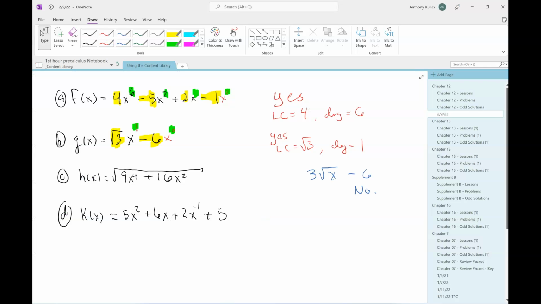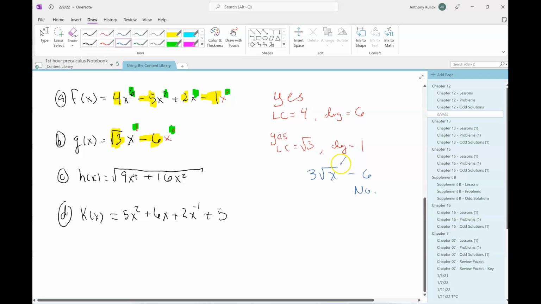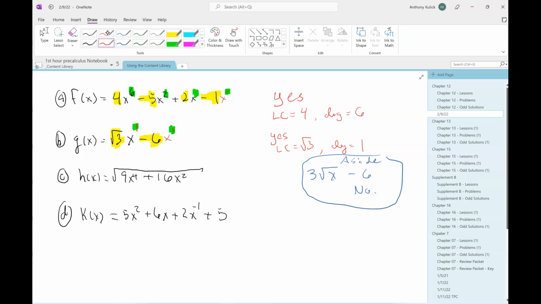Let's look at h of x. This is just a hypothetical, so I'll put it aside here. H of x, what's our conclusion here? Should it be a polynomial? Or no? What do you guys think? Joe says yes. I think Ellie shook her head no. Anybody else have an opinion? Becker's saying no. Eric says no. No is the answer.